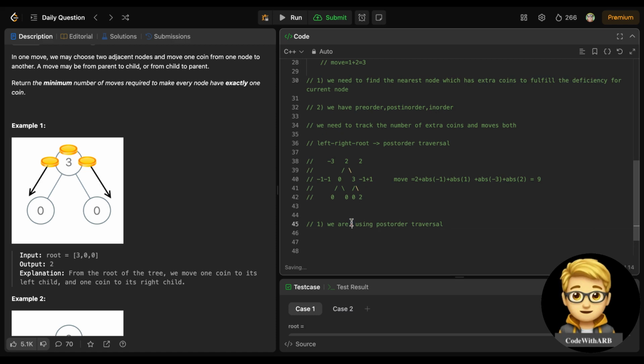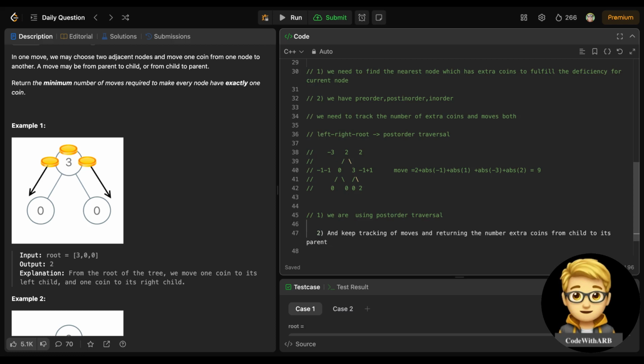The same mistake I made yesterday also. So we are using post order traversal and keeping track of moves and returning the number of extra coins from child to its parent.